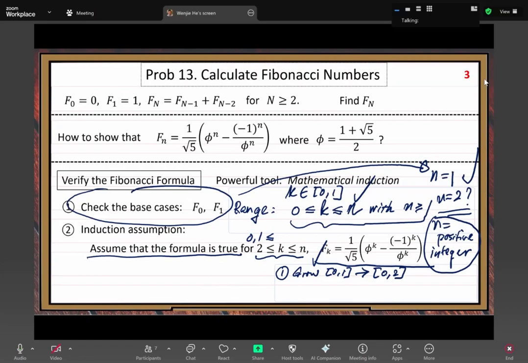After we do that, second step, can we grow from this range to another larger range? If we make it, next, can we grow from another higher, larger range?